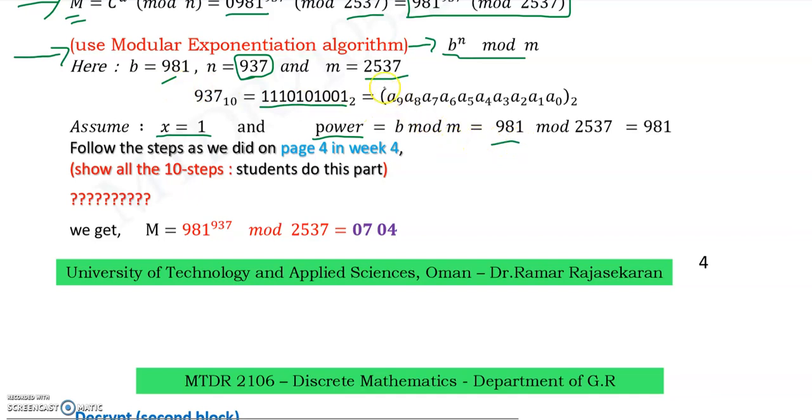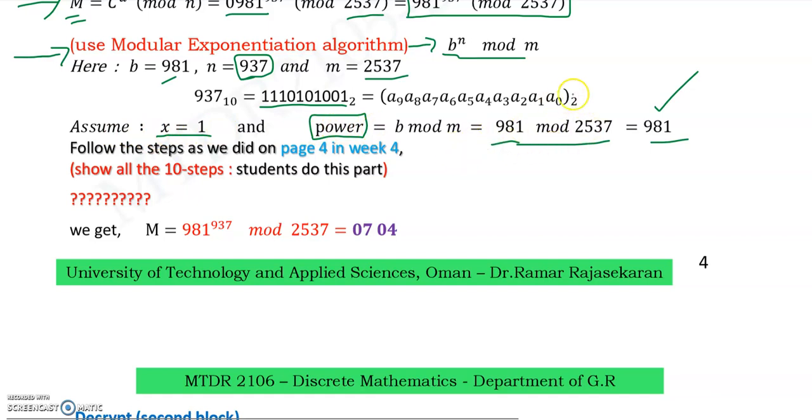Modulo m, which is 2537. Applying this, the answer is 981, because b is small, so the remainder is 981. So now the power is 981. First we assume x is 1, and then we find the initial power. Now we can start the algorithm.